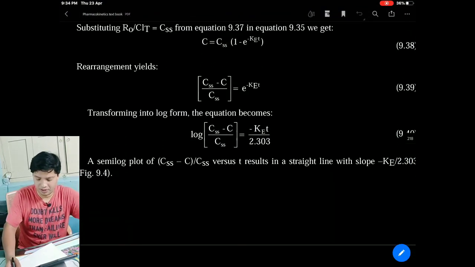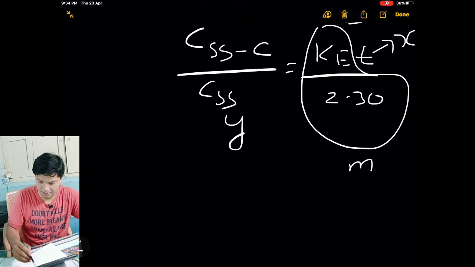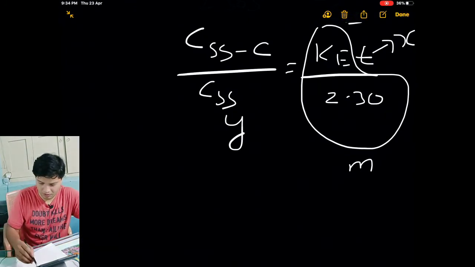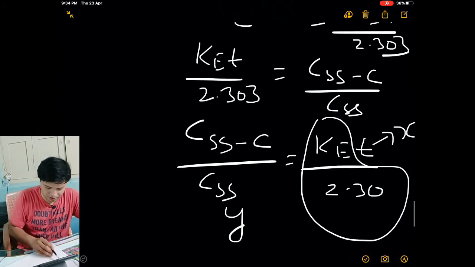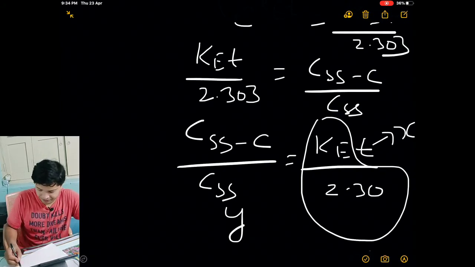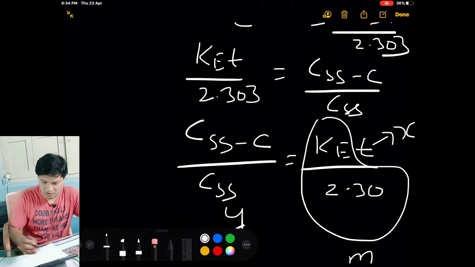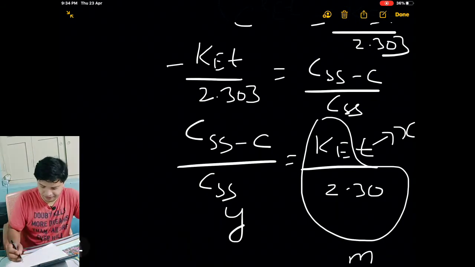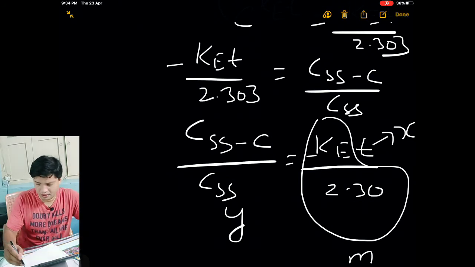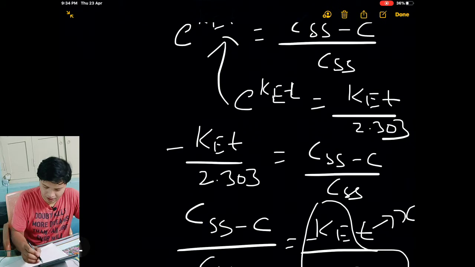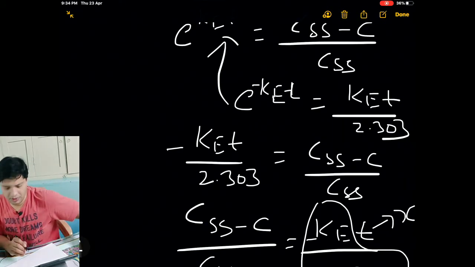Yes, sorry, I just missed some part here. I just missed the negative value, here and here and here also, minus Ke T.